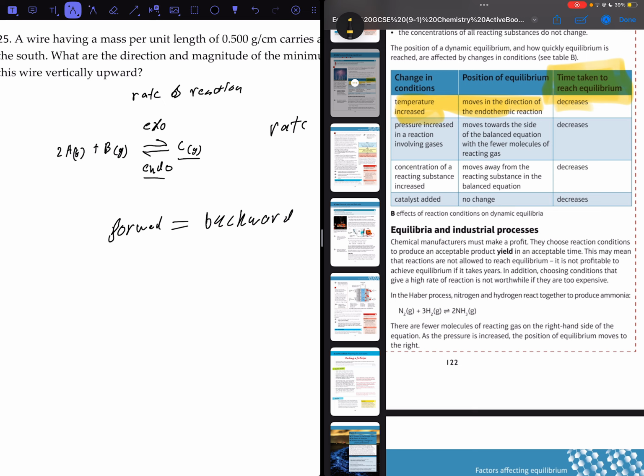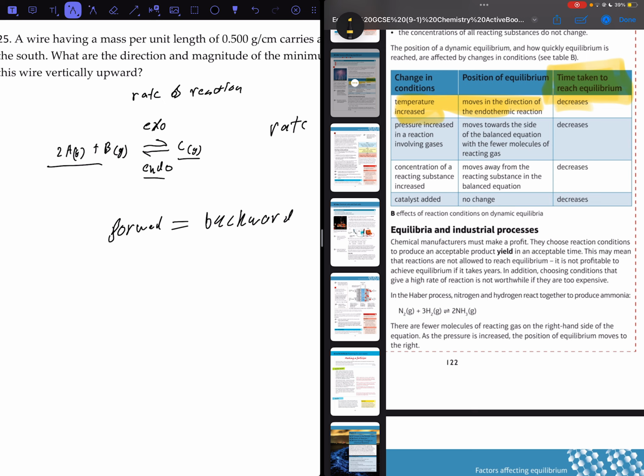So even though our rates of reaction have increased, and even though the time taken to reach equilibrium has decreased because we're reaching it faster, there is going to be no change in the amount of A and B and in the amount of C, because the amount going forward has increased and the amount going backward has increased by the same amount.